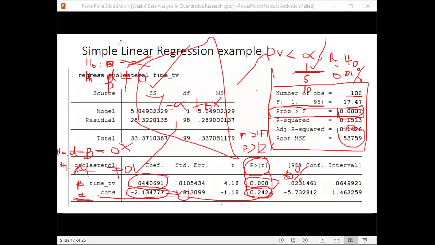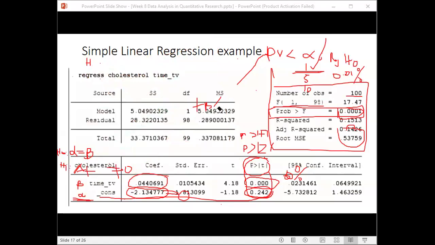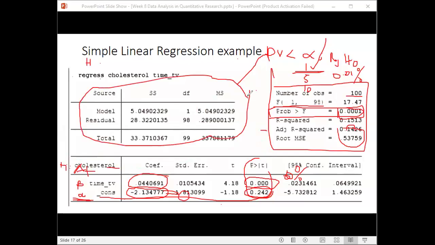This one on the left here is an ANOVA result. But I won't go into it. Every regression that you run, you see this ANOVA result, this one here, right? So ANOVA is just analysis of variance. So for every data set that you gather, what regression analysis does is that it uses the analysis of variance.